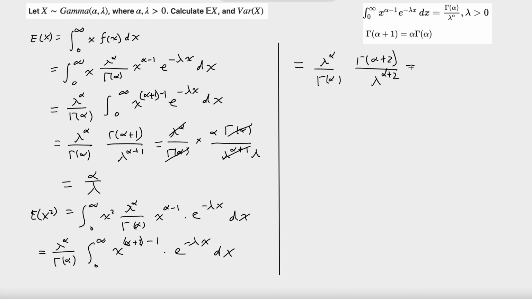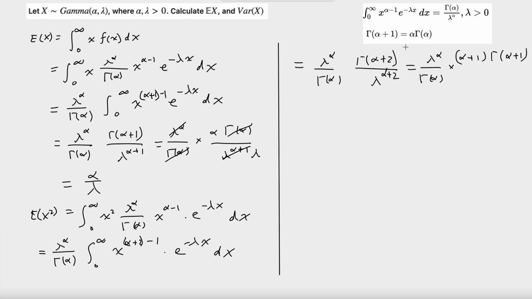We're going to use the gamma property here as well. The numerator now becomes alpha plus 1 times gamma alpha plus 1.